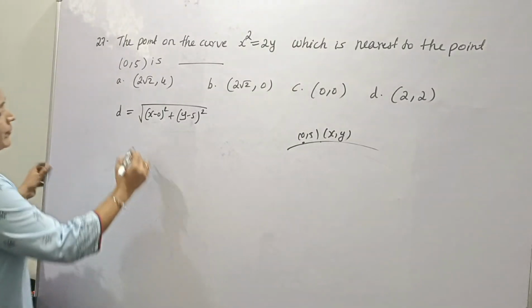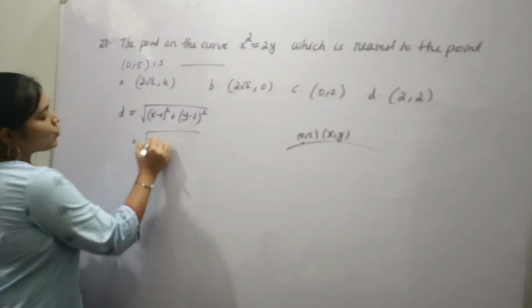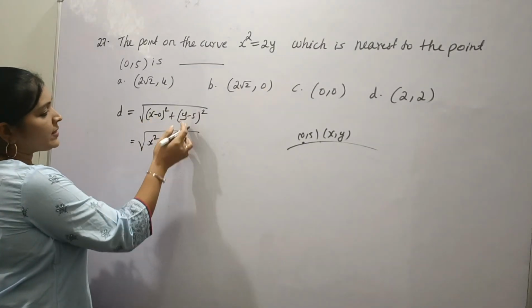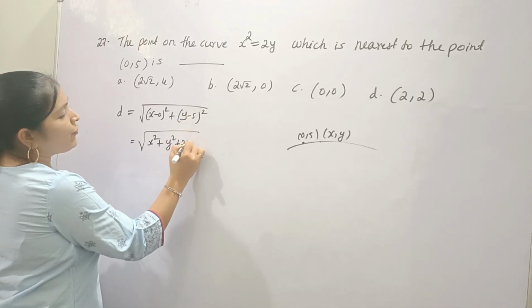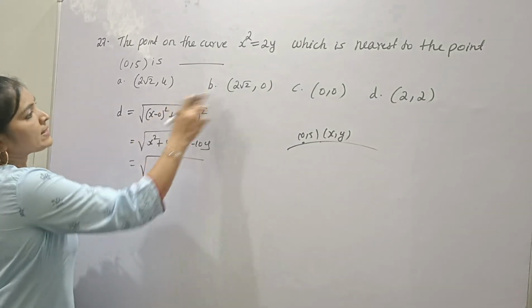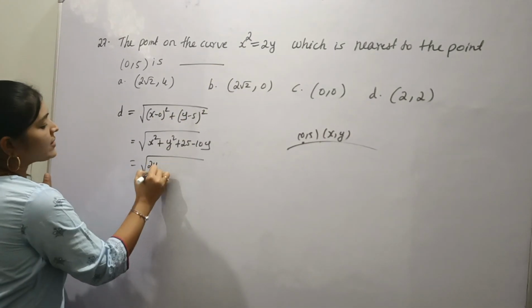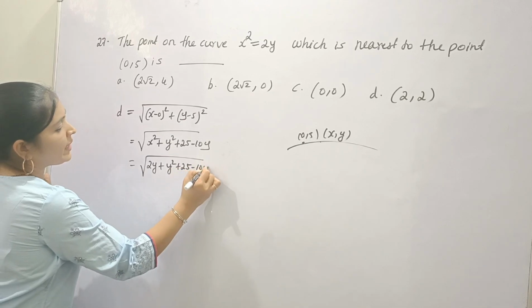Okay, distance formula. Let's simplify this one: x square plus y square plus 25 minus 10y, right? Here x square is 2y, so 2y plus y square plus 25 minus 10y.